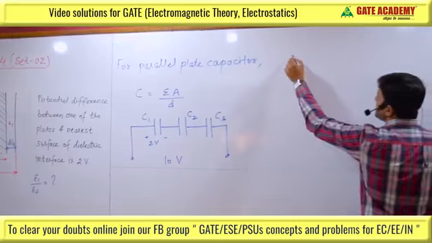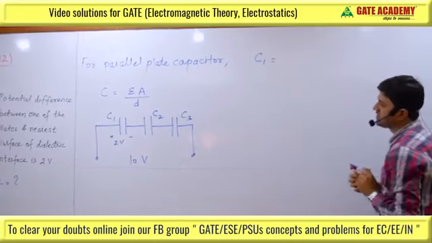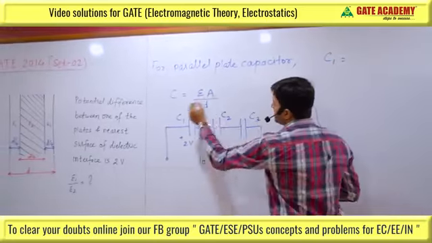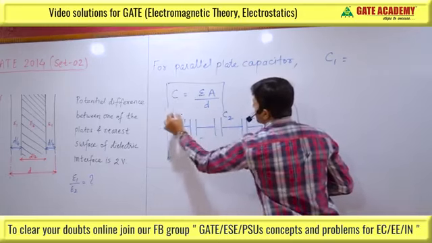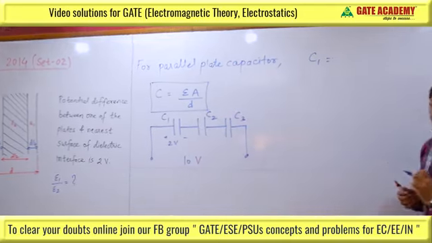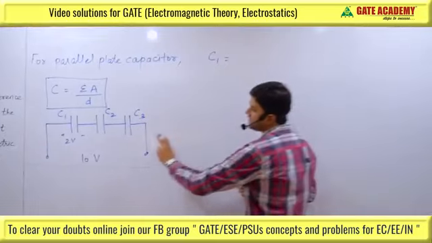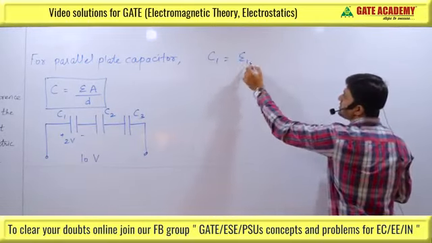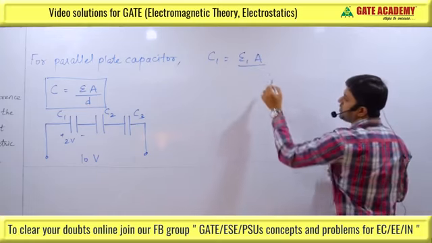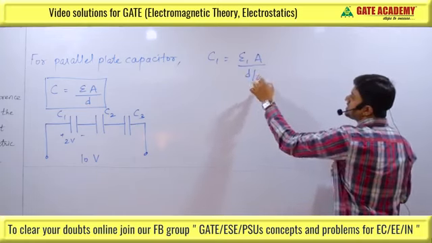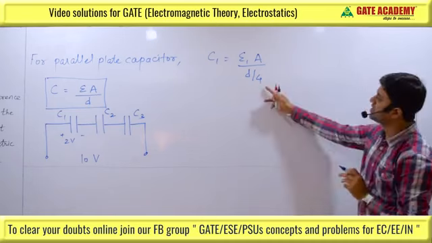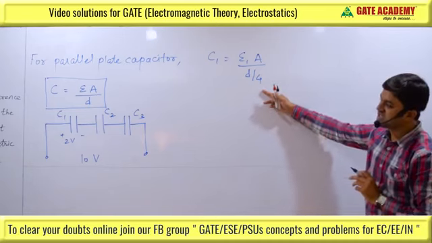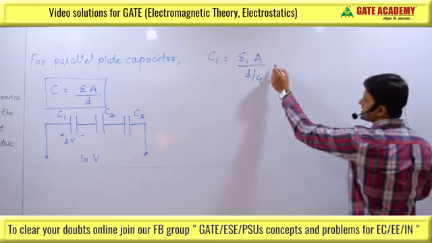Now the capacitance C1 will be, from the formula for a parallel plate capacitor, epsilon A by D. So for the first capacitance, this will be epsilon 1 A upon D by 4, because the distance between the plates is D by 4 for the first capacitance.